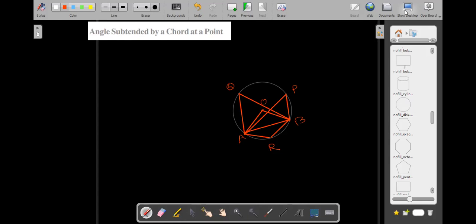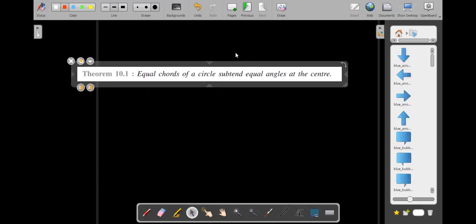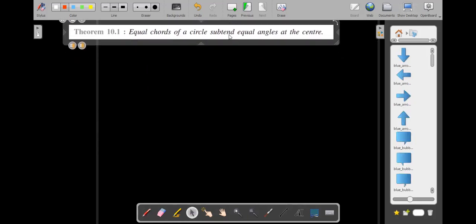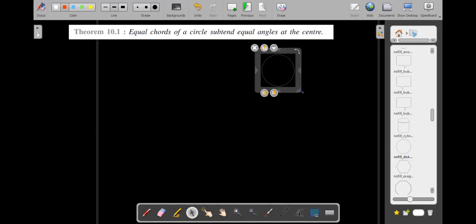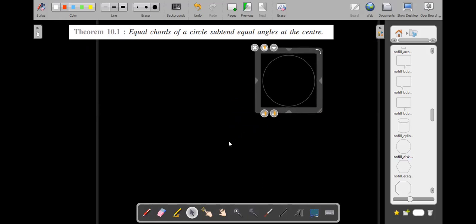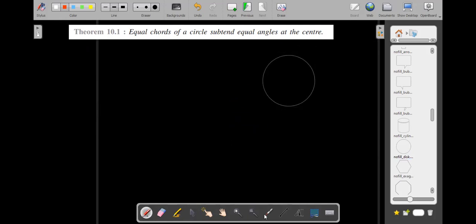So now we have Theorem 10.1. You can see this theorem now. Equal chords of a circle subtend equal angles at the center. It is given that the chords are equal, and we have to show they make equal angles at the center. So we take two equal chords.